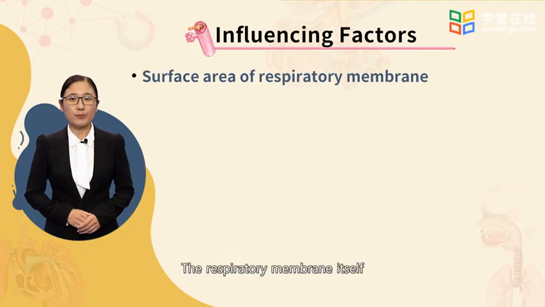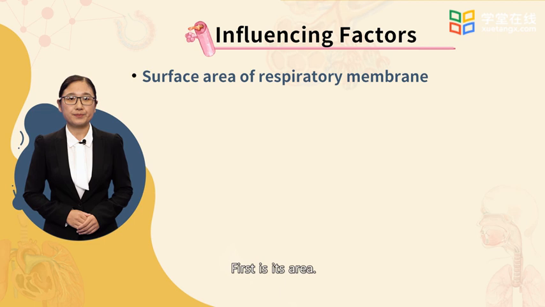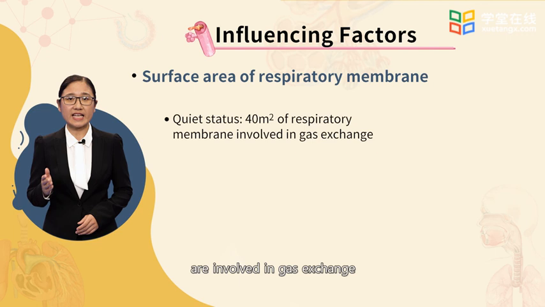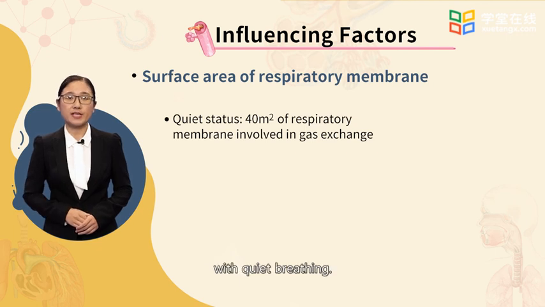The respiratory membrane itself will affect the gas exchange in the lungs. First is its area. We know the total alveolar area is about 70 to 80 square meters. However, only half of them are involved in gas exchange with quiet breathing.